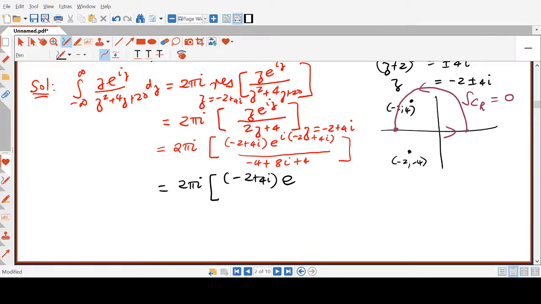Right, e to the power: this will be minus 2i. Then you got 4i squared, and 4i squared is minus 4. So it's e to the minus 4 times e to the minus 2i. At the bottom, minus 4 and plus 4 kill each other, and you get 8i.